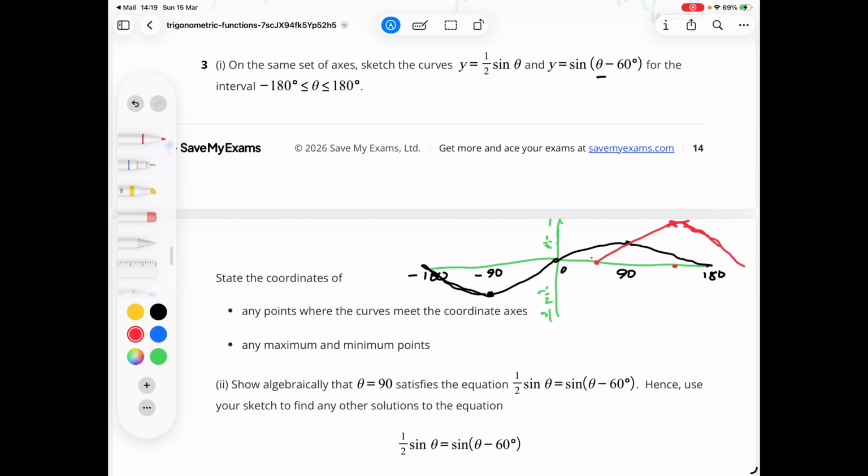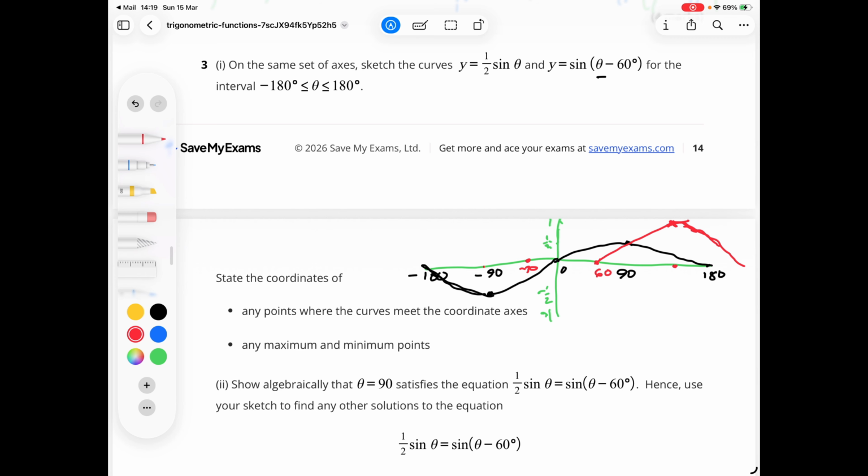And let's just think about what that also means for this. So the point where it would be 0 again would be 60 along there, so it'd be minus 30 there, and that is 60.